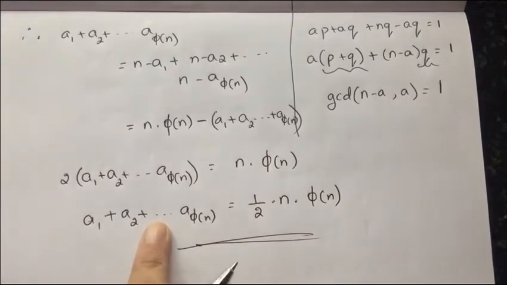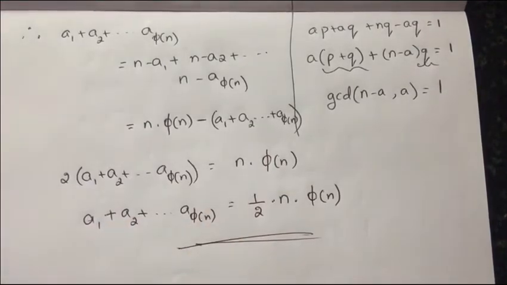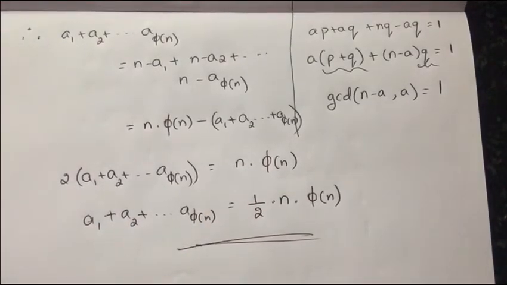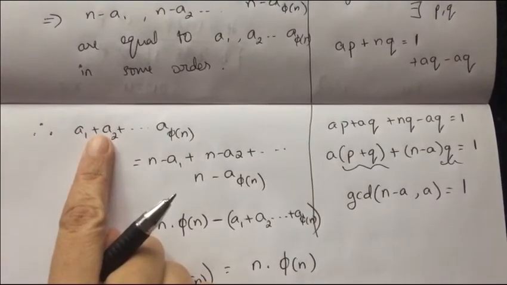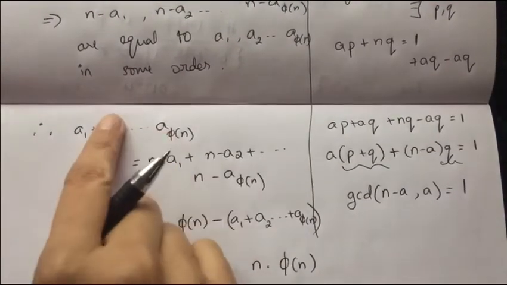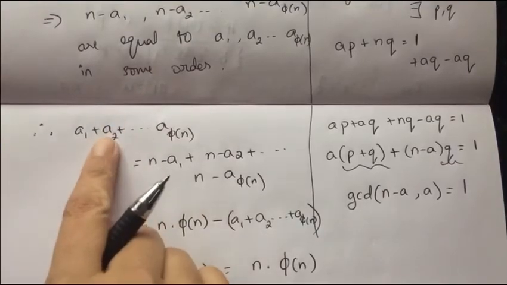What is this? This is nothing but the sum of all the positive integers less than n which are relatively prime to n. The sum is half into n into phi of n. I want to find the sum of all the positive integers less than n and relatively prime to n.